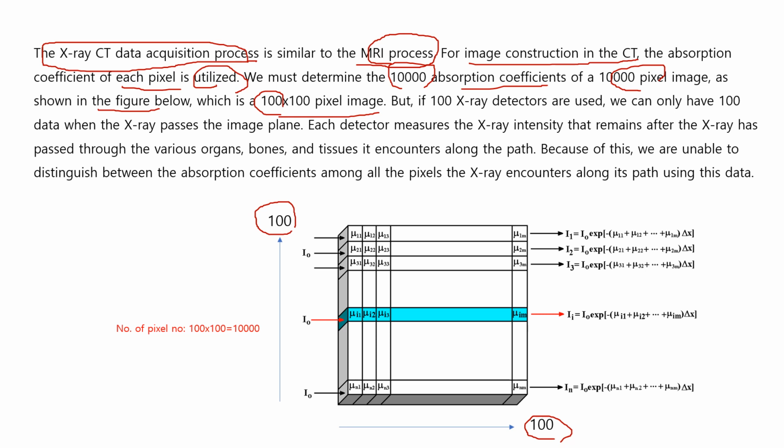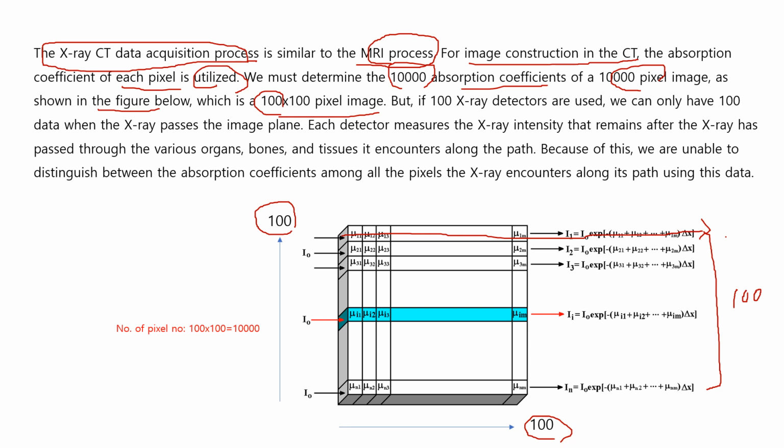Then we can make an image. So in this case, we use 100 detectors here to measure the X-ray intensity coming from here. Okay, so that's one detector. We have 100 detectors here.